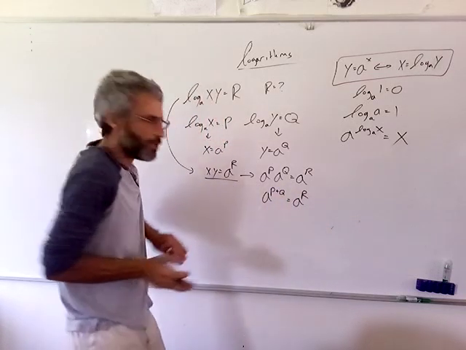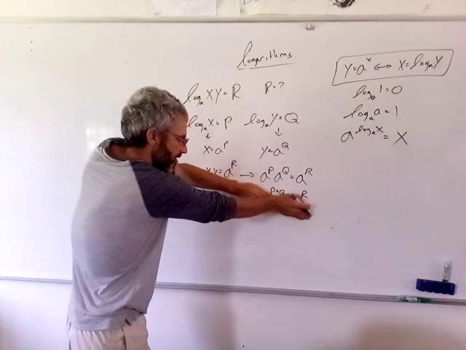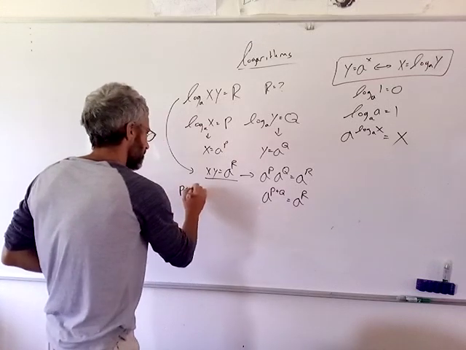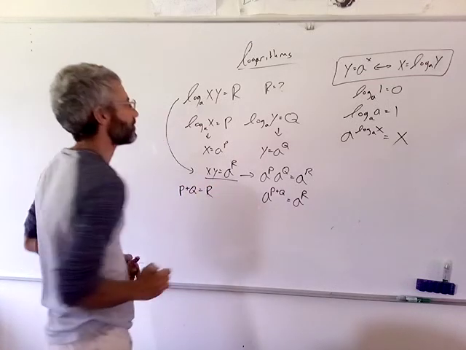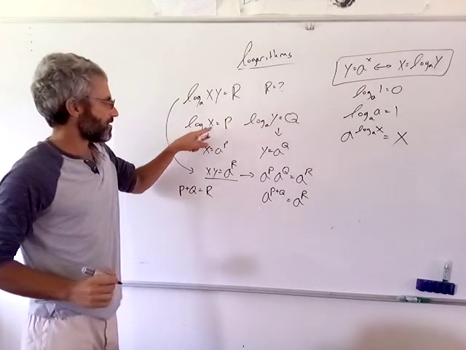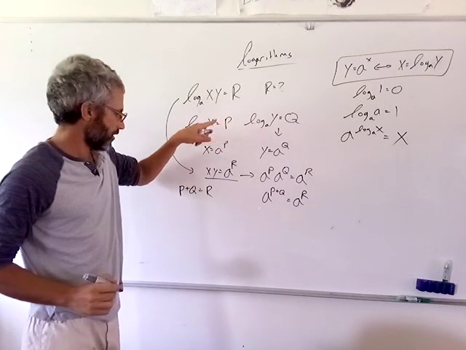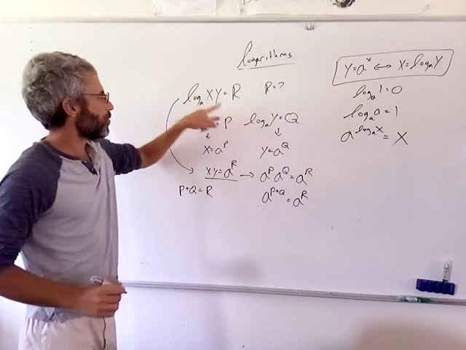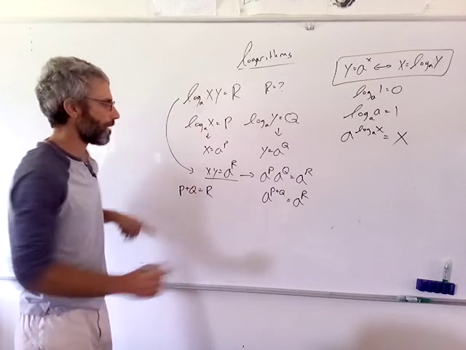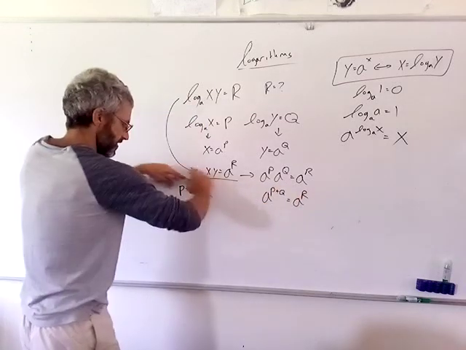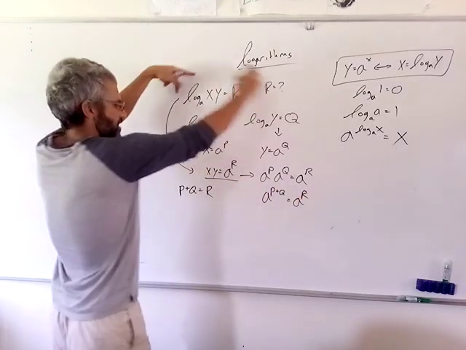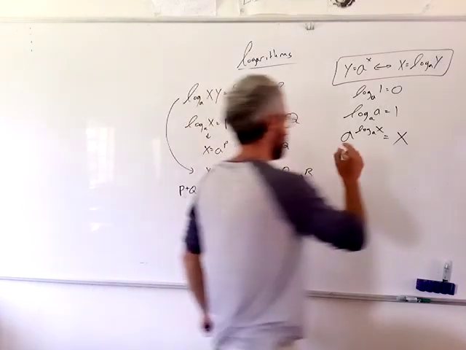And then what do we do? We drop the base, okay? p plus q equals r, okay? But what is p? That is p. What is q? That is q. So what is r? And that is r. So what I'm getting when I'm adding this equation together with the definition of p, q, and r, I get the following rule.